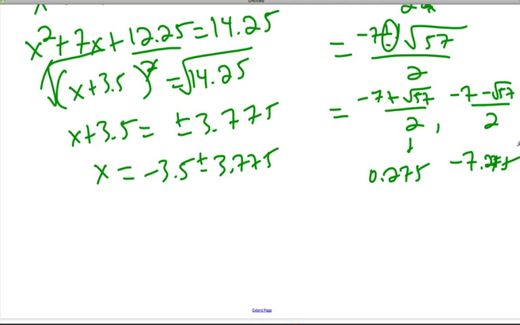And let's solve this other one out, because you don't believe me. Negative 3.5 plus 3.775 equals about 0.275. And our other one, negative 3.5 minus 3.775 equals negative 7.275.